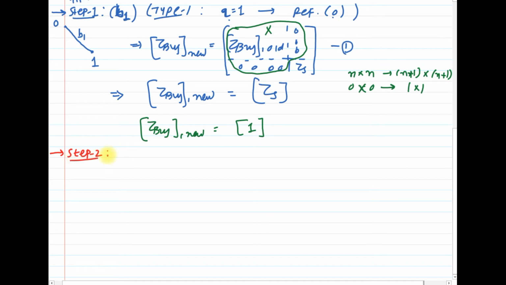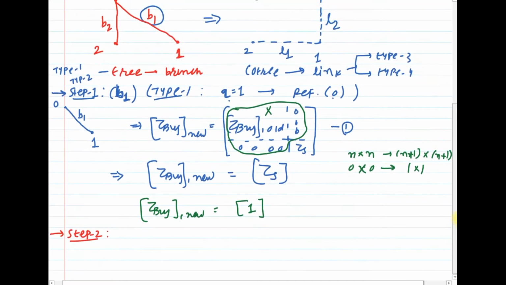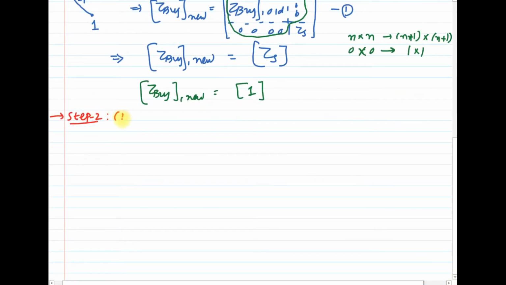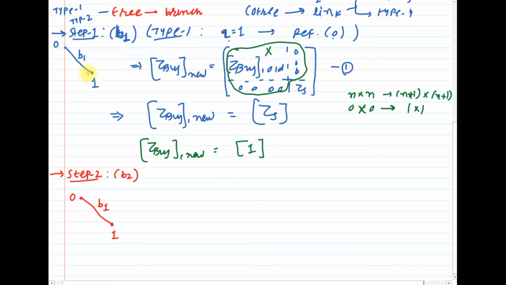Now we have to consider step 2 for element number 2, which is B2. We will have the previous network with us, the element number 1, B1, which we considered in step 1. Let me draw with different colors so you can easily understand.